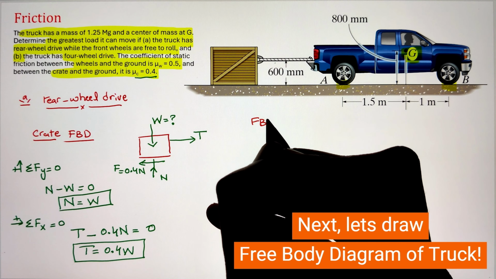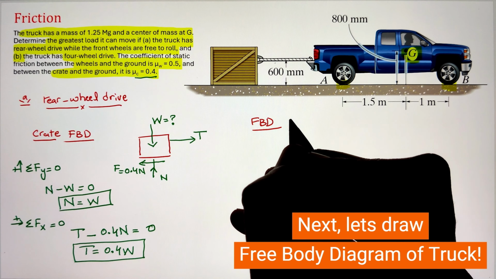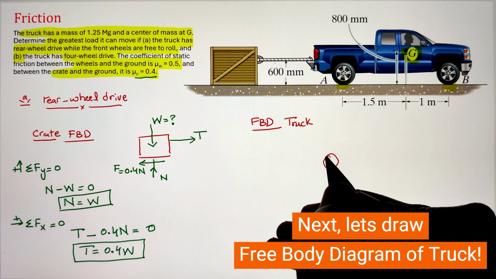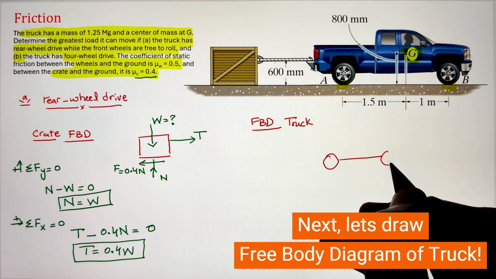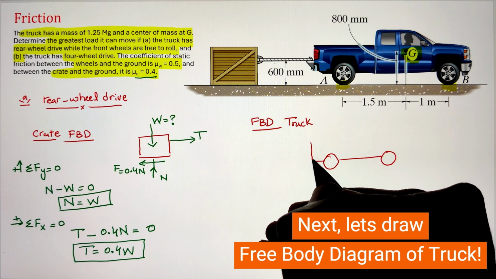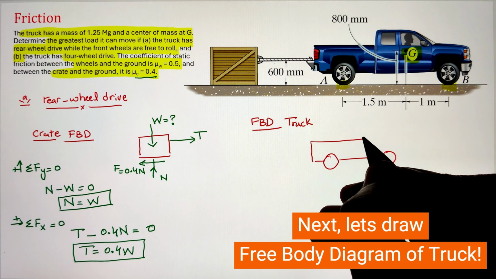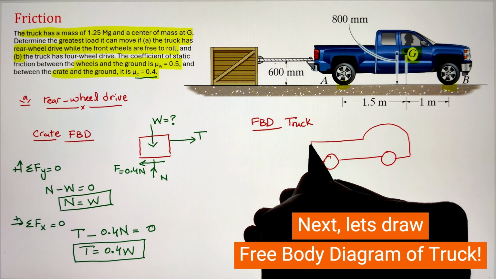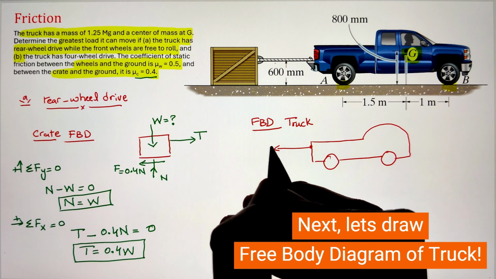Next, let's develop the free body diagram of the truck here. In this case, we will take the information of the tension, since the tension we have solved is equal to 0.4 times the weight. So the tension force is going towards the left in this case.